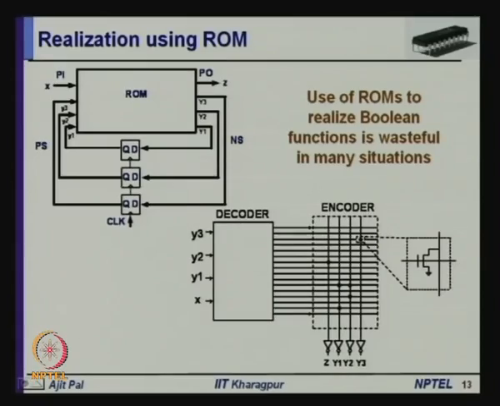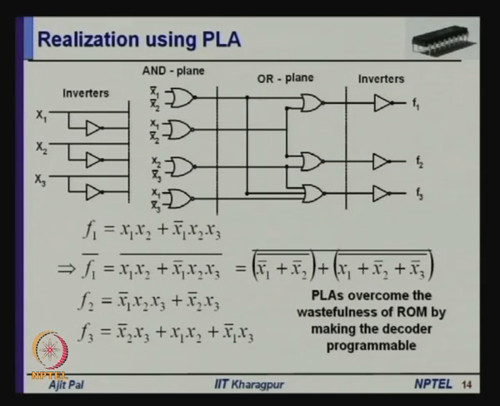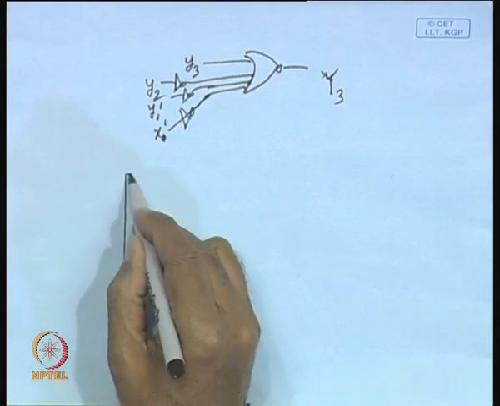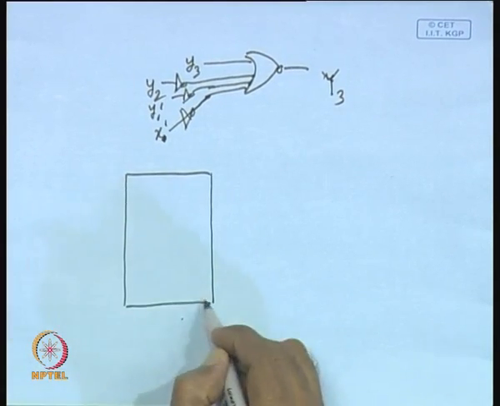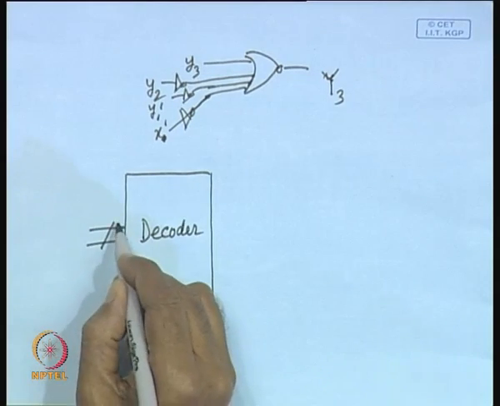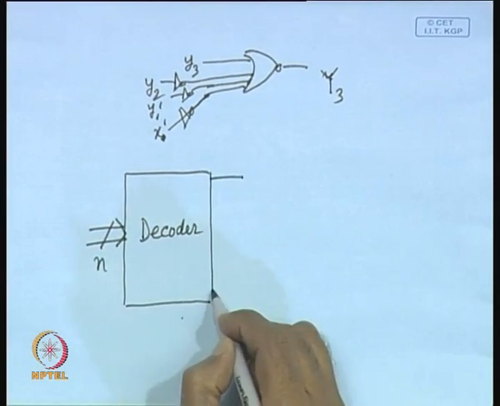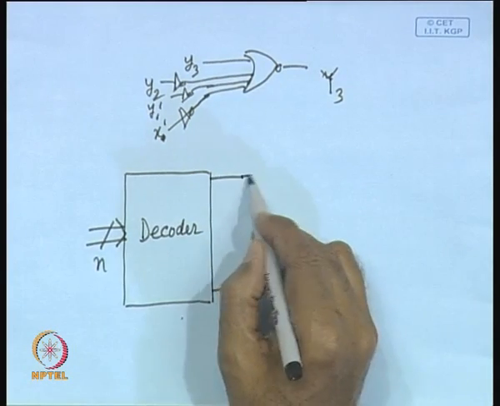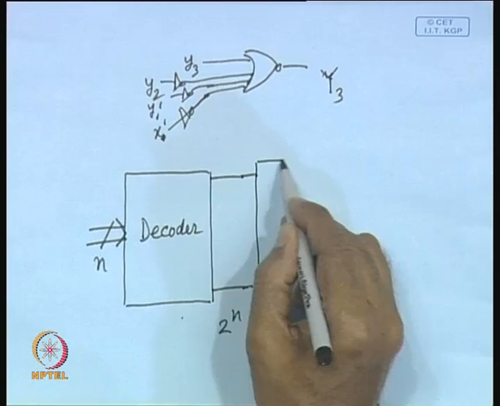Actually, another technique is there to realize a combinational circuit, that is done with the help of what is known as programmable logic array, PLA. What is PLA? We have seen a ROM comprises two parts, a decoder, which if you have n inputs will produce 2 to the power n outputs, and then an encoder.